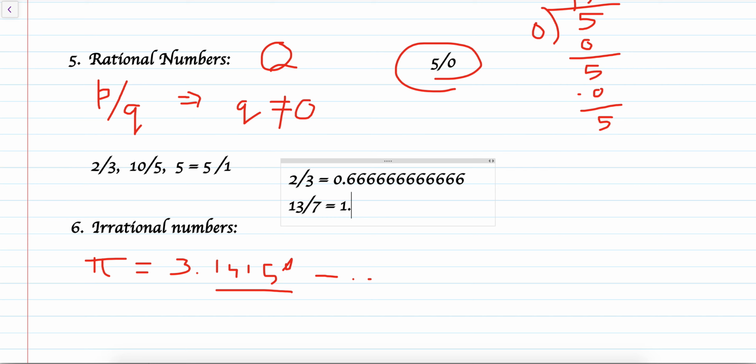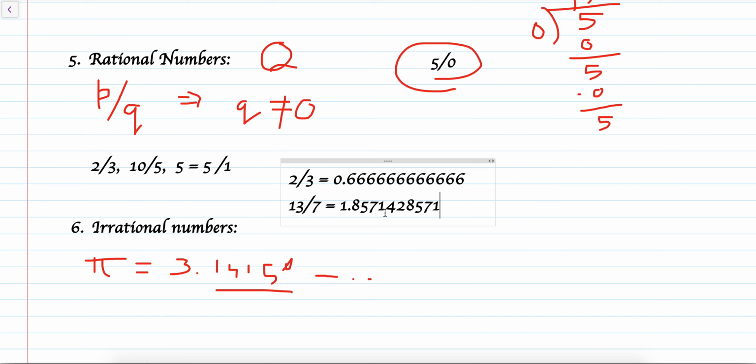So let's divide: 7 times 1 is 7, then 60, 8 times 7 is 56, then 4 is the remainder. 5 times 7 is 35, then 50, 7 times 7 is 49, then 1. Then 4 times 7 is 28, 2 is remaining, then now we have 6, so 60, again 8, so it will keep repeating.